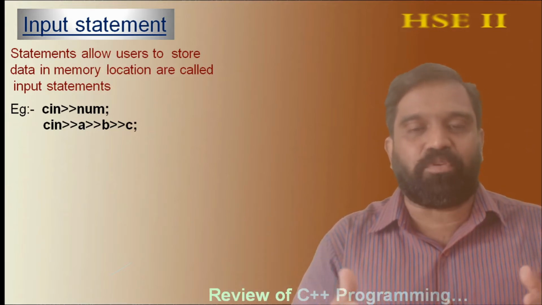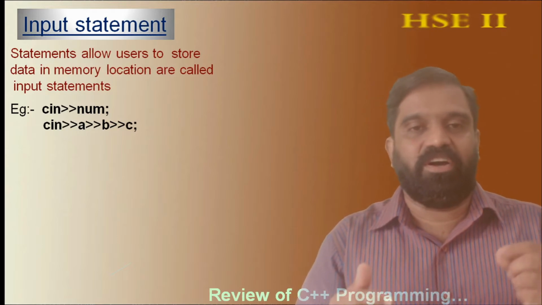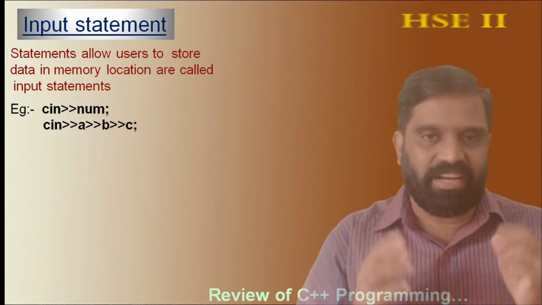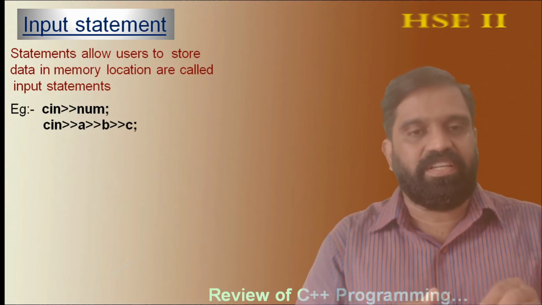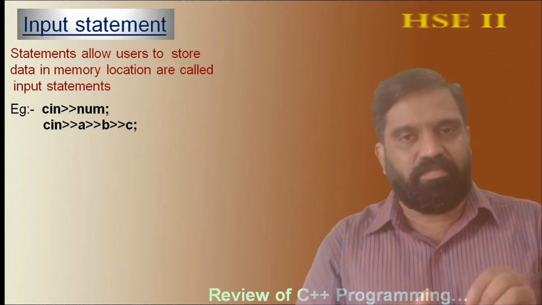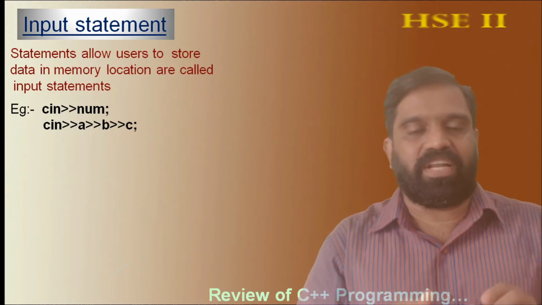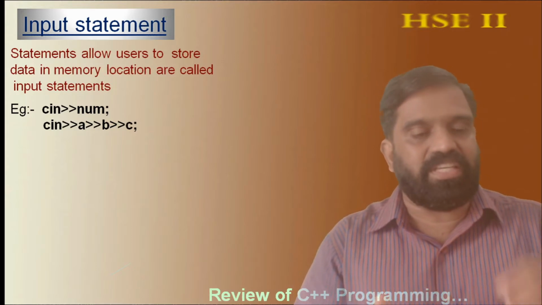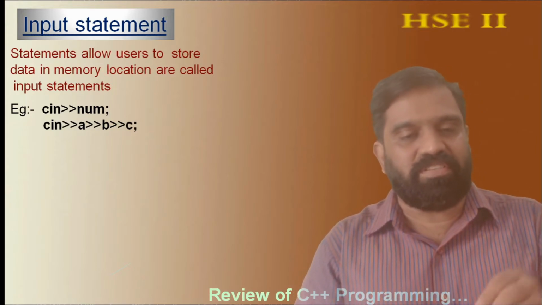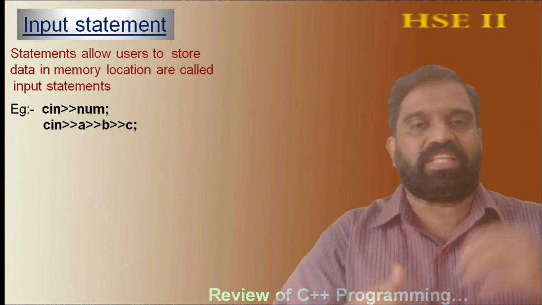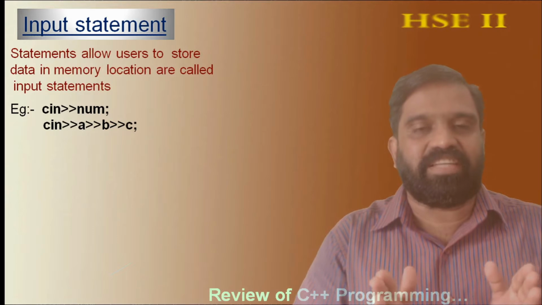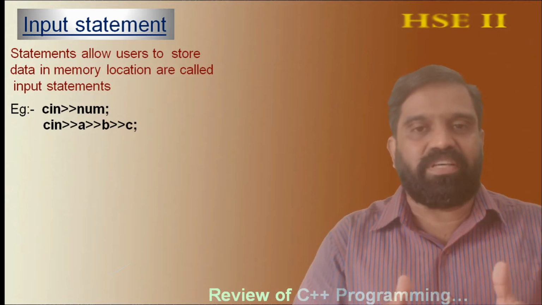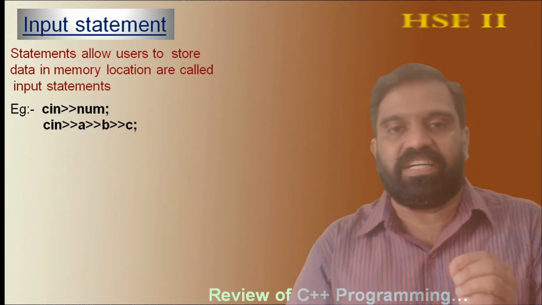To make that provision, we can write all the variables in a single line. So it is known as cascading: cin a, input operator b, input operator c, semicolon. Otherwise, we would have to write cin a semicolon, cin b semicolon, cin c semicolon. Three lines we would have to use. Instead of that, we can write the statement by keeping the variables in a single line.